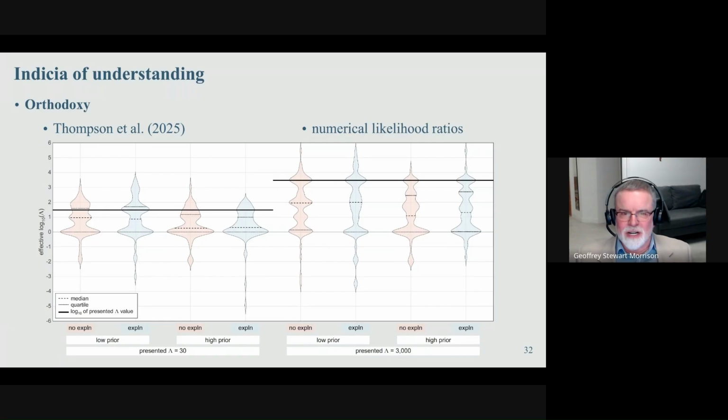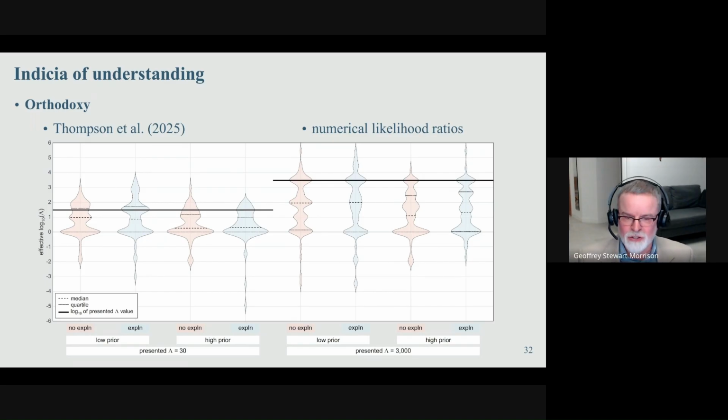Our interest is, does that improve understanding in terms of orthodoxy? In this graph, you can see that there was sensitivity. When the presented likelihood ratio was 30, compared to when it was 3,000, we got sensitivity. The solid black lines are where 30 and 3000 are in log 10. You can see that these violin plots go higher when the likelihood ratio presented was 3000.